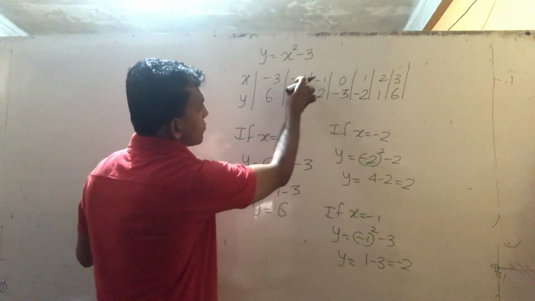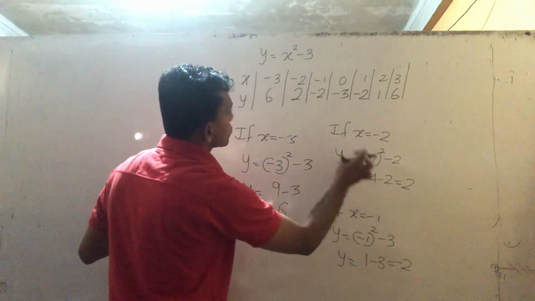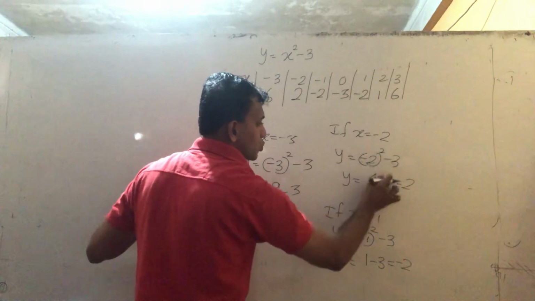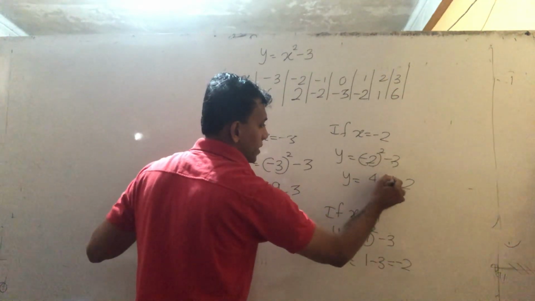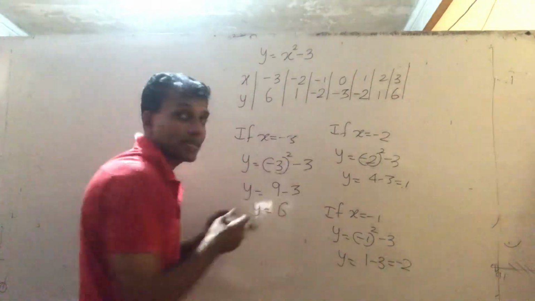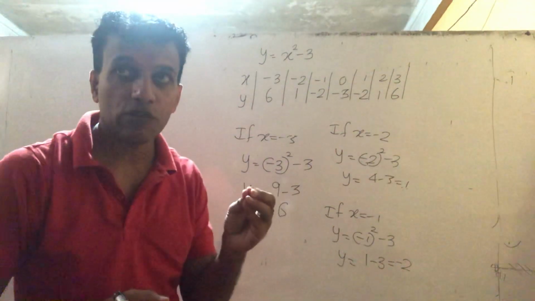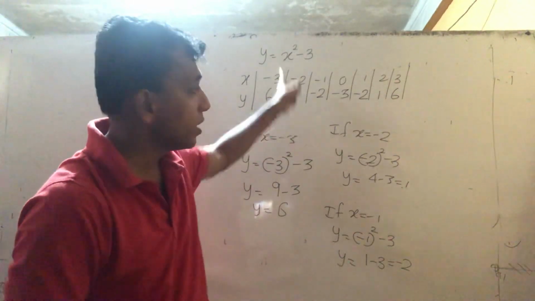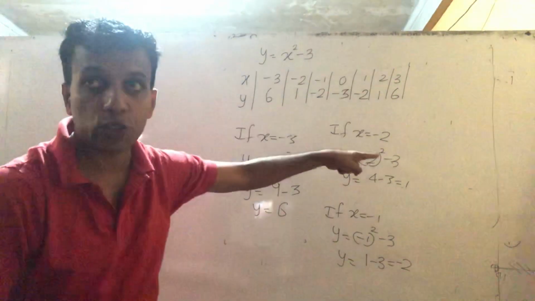Is it okay? I missed it. This is 4 minus 3, that is 1. That's why I said spend a few moments to check the table. The y values are 6, 6, 1, 1, minus 2, minus 2.